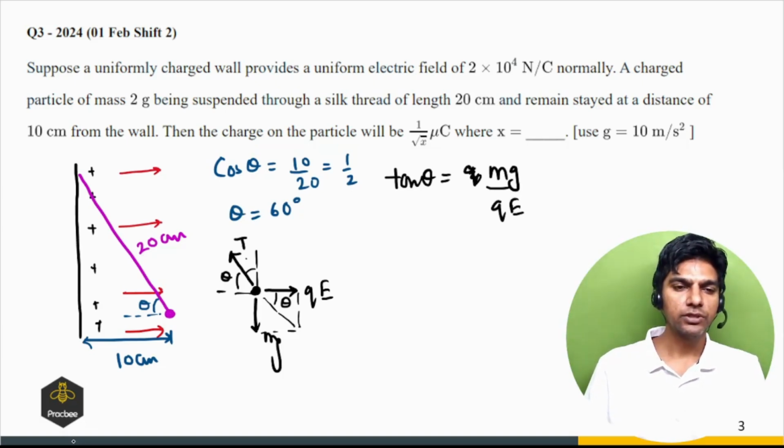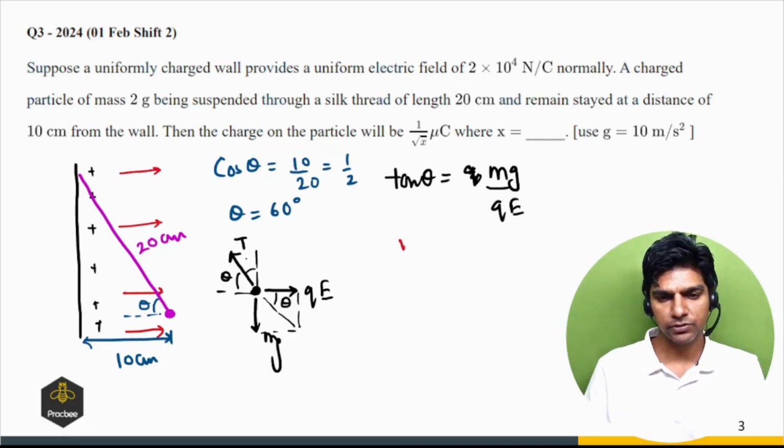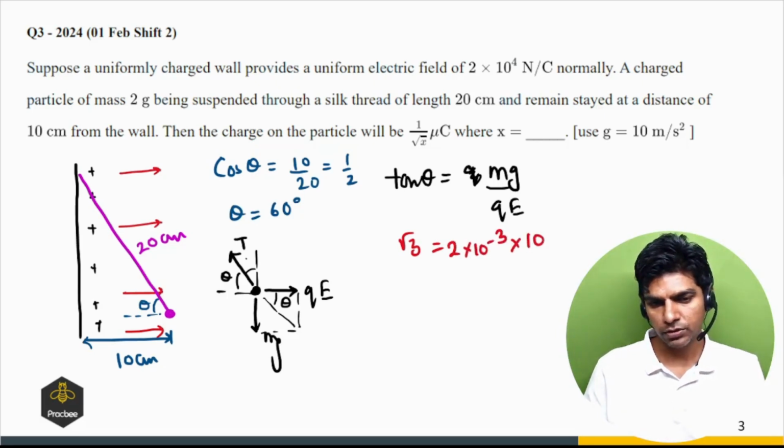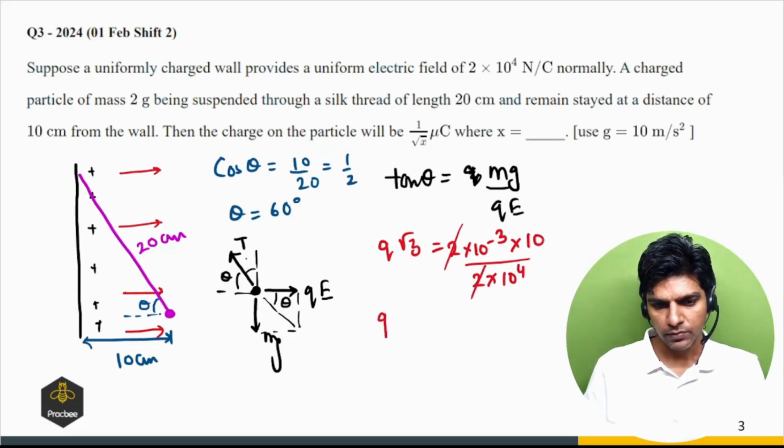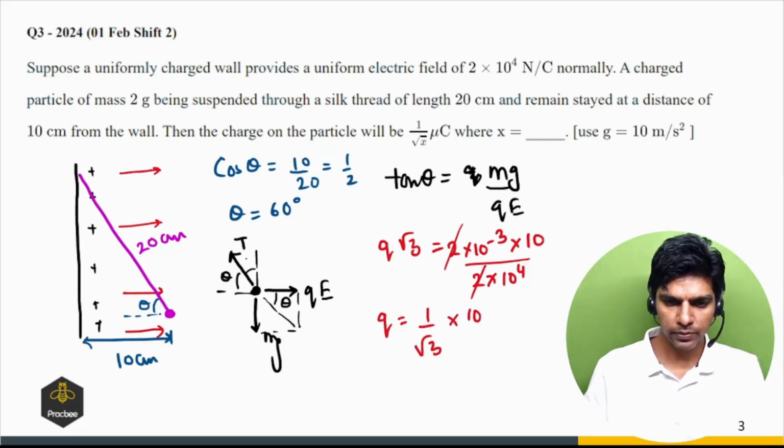Now what is tan 60 degrees? So tan 60 degrees is root 3, and mass is given as 2 grams, so that will be 2 into 10 raised to power minus 3, and g is given as 10 in the question, and we have to find q. Electric field is given as 2 into 10 raised to power 4. Let us simplify this. So q comes out to be 1 by root 3 times 10 raised to power minus 5. That will be minus 6, sorry, 10 raised to power minus 6.